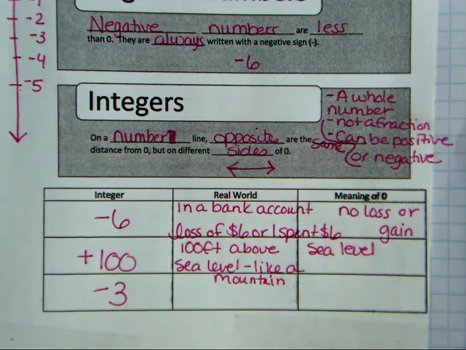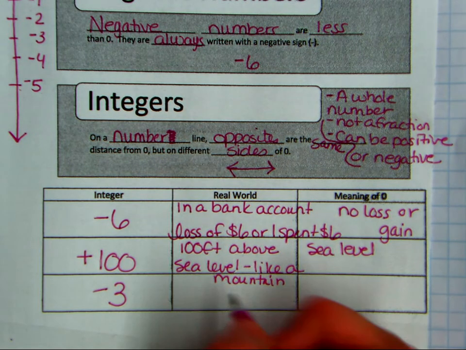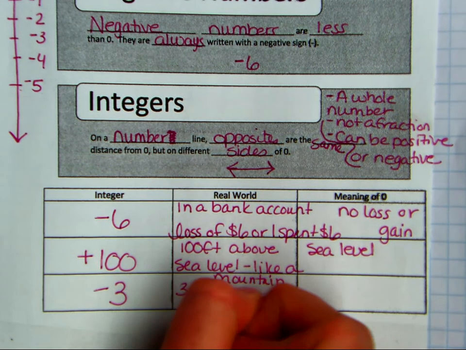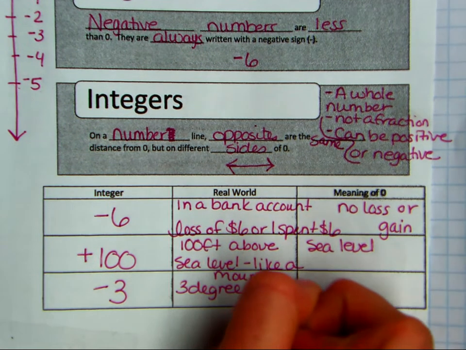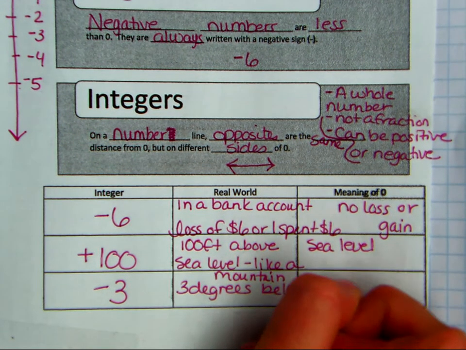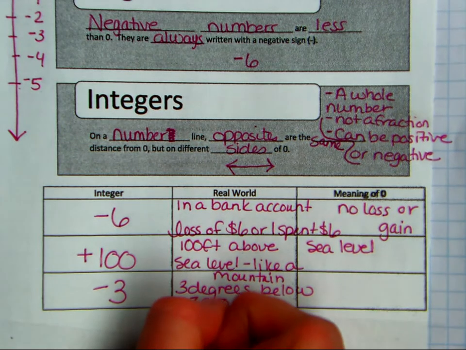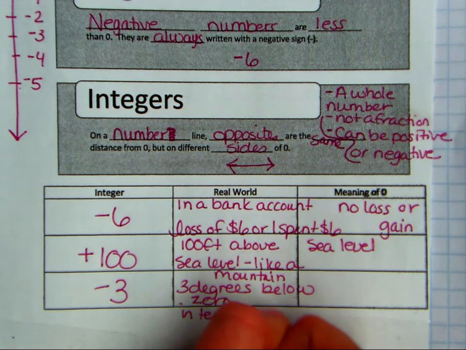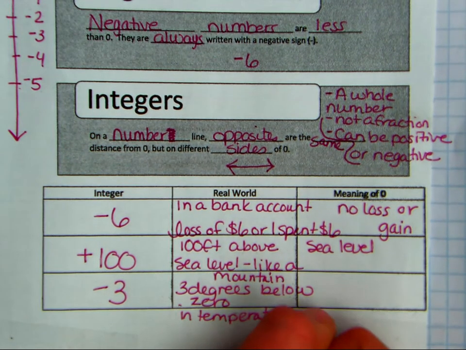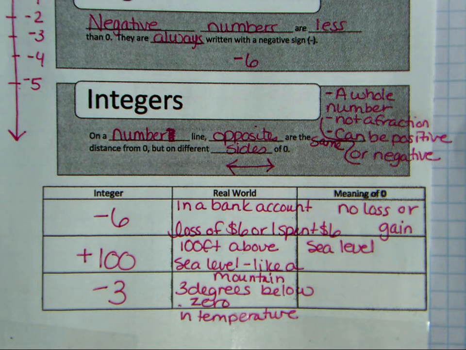So let's try one more. Negative 3. This could be an example of 3 degrees below 0. Now, in temperature, if you remember when we made ice cream in math, we talked about how 0 degrees Celsius is the freezing point of liquids.